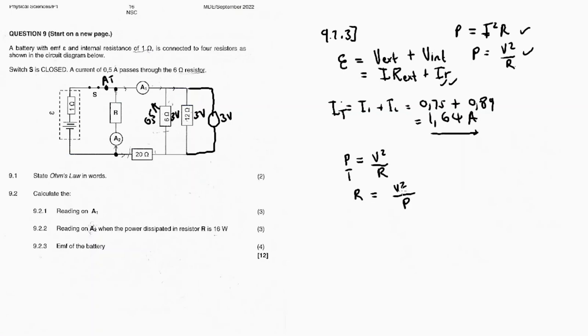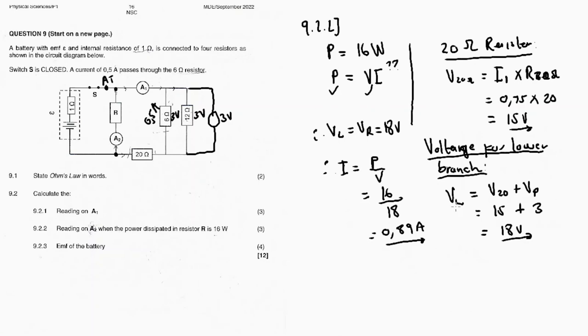So the V is the V for the R resistor. The R resistor on the previous question is 18.